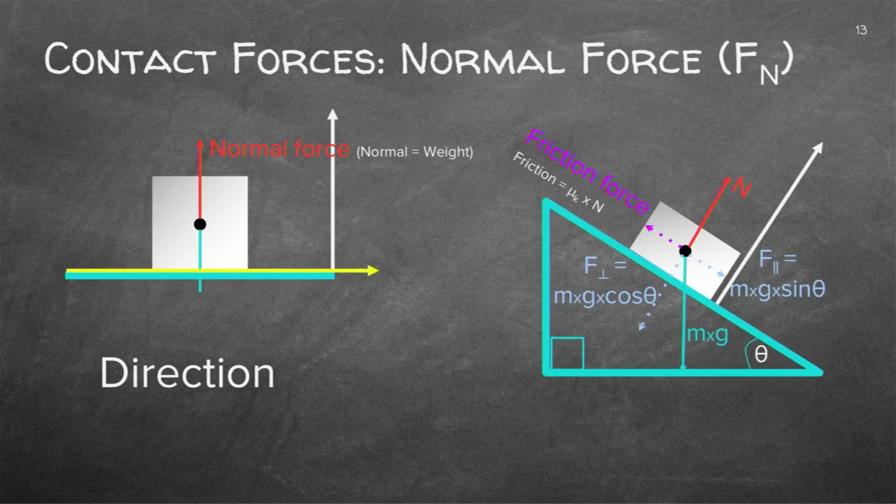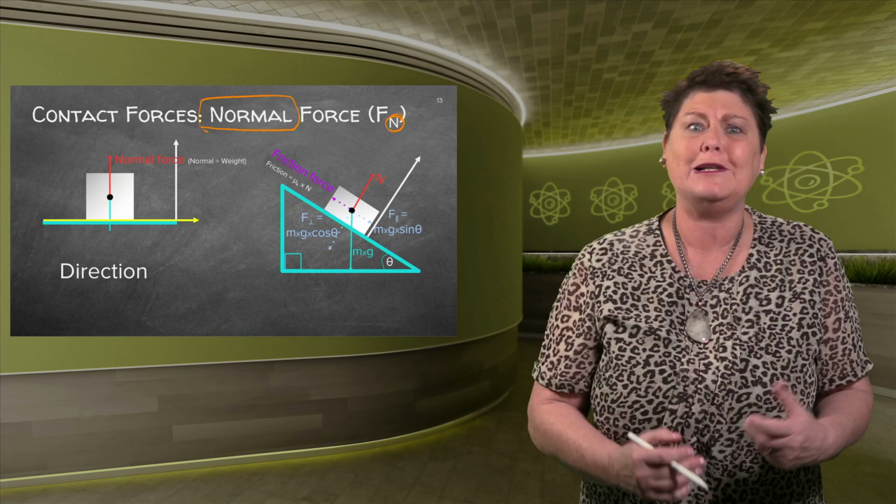Another force, and that's the first time I think that you are going to meet this force, will be the normal force. Friction and applied forces you've done before, but the normal force is a new force that we are introducing, and we are abbreviating normal with an N. So what is normal about a normal force? Well, absolutely nothing.